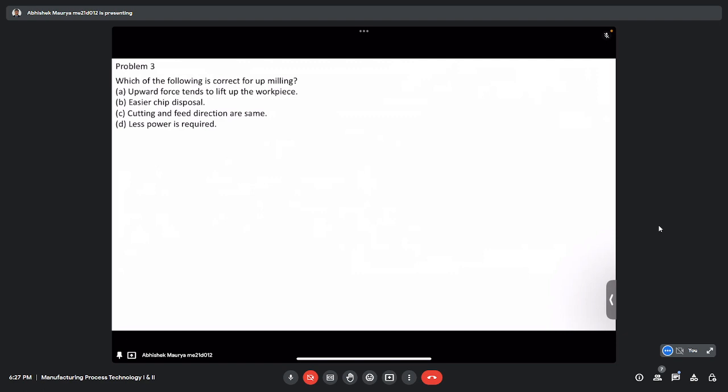Which of the following is correct for up milling? So let's quickly see the diagram of up milling. In the milling process, we have a milling tool and a workpiece, and with the help of the milling tool, again we are trying to create a flat surface.